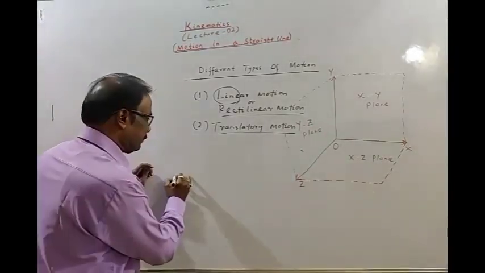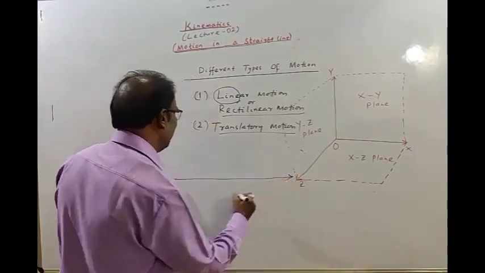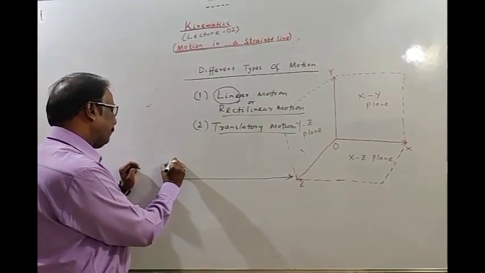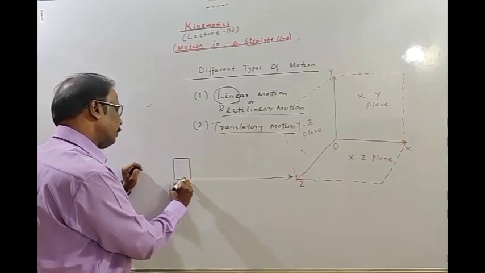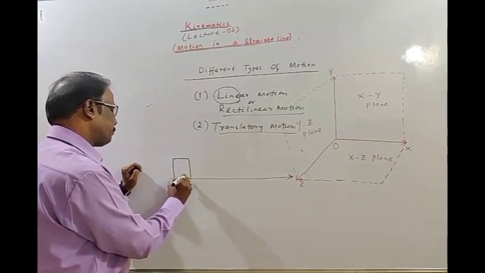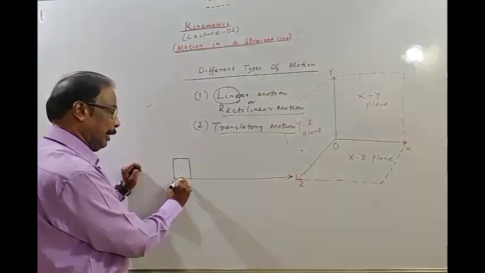Let's see. Suppose a body is moving along the x-axis. Initially, the body starts its motion from this point. Let the central portion of the body be at position A on the ground.